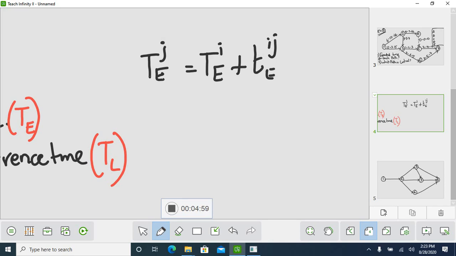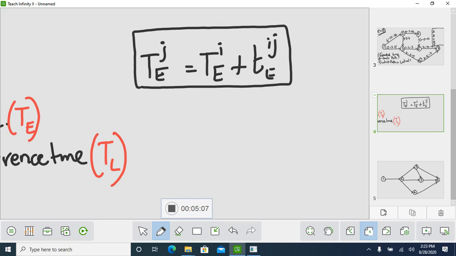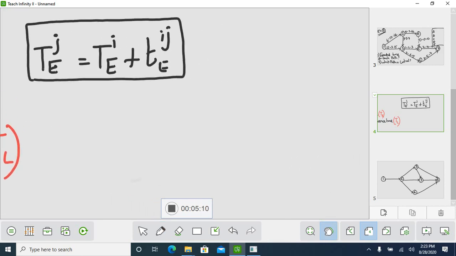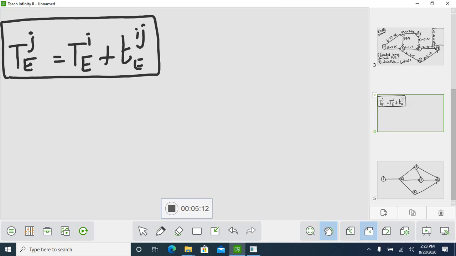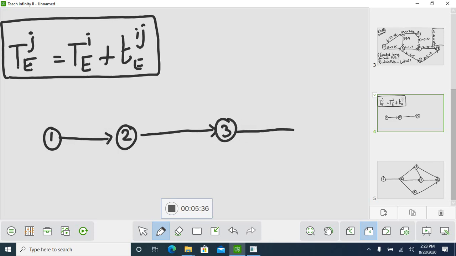This is the formula for earliest expected time. I will give you one small example to understand this earliest expected time.